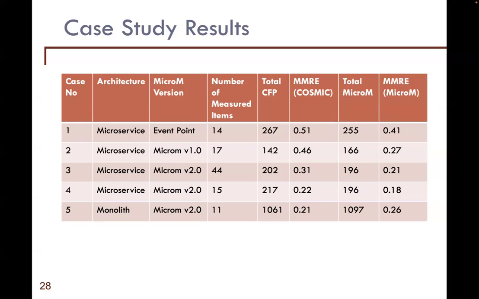That nicely shows that Cosmic enables us to measure size in a better way. I say better because it's a better correlation with effort. The difference is not large, but still it's better. So if it is a monolith, you don't need to use an event-based measurement methodology. Just use Cosmic.